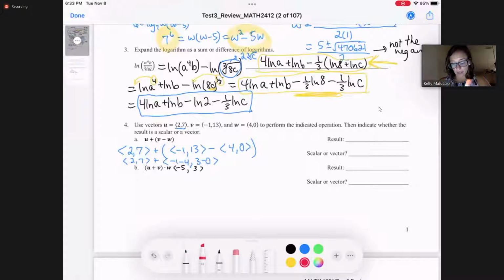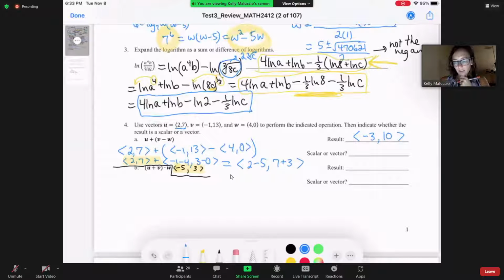And then I add this plus this. Maybe I should have left a little bit more space, but that's what I'm adding together. And so my final answer is going to be 2 plus negative 5 in the first component and 7 plus 3 in the second component. So the result goes here, and that's going to be negative 3, 10, right?